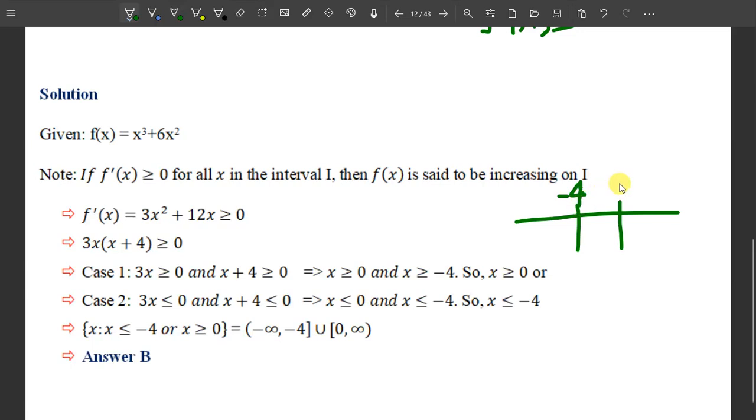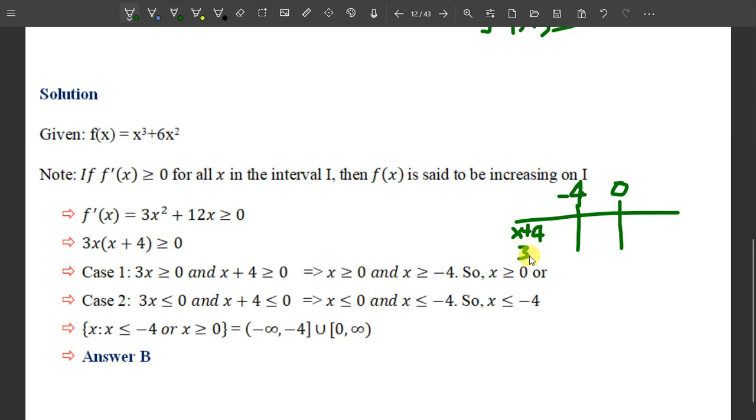Actually, this is known as a sign chart. We call it a sign chart to find the solution of inequalities. This is the easiest way. And then put x plus 4 here, and also put 3x, or simply x, right here.